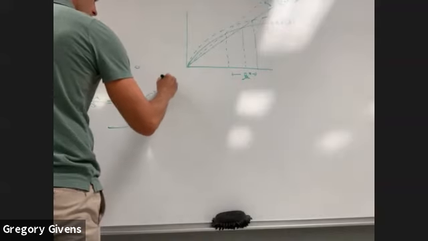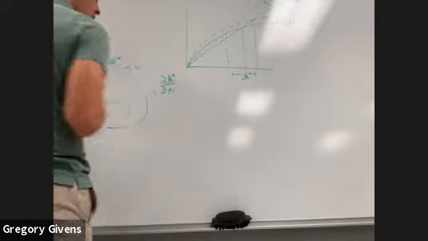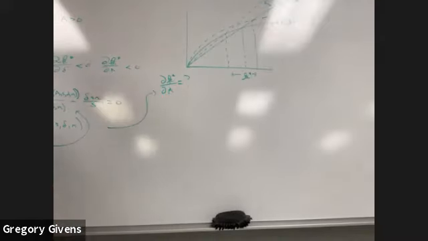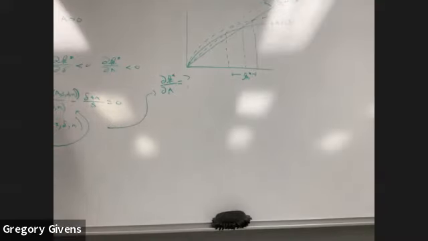Let's try to get this comparative static. How does K star change with a marginal increase in technology? We know it's going to increase K star, but by how much? What we want to do then is take derivatives of this steady state condition with respect to A. We want to compute the comparative static.